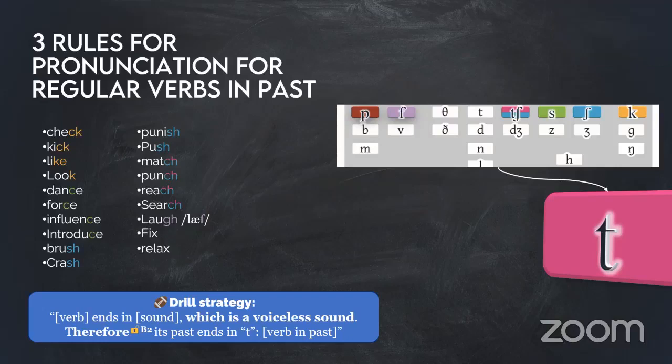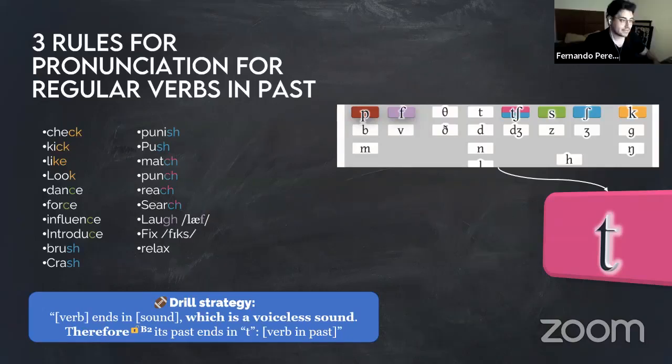The next one is the word fix. What is the last sound in the word fix, Viviana?